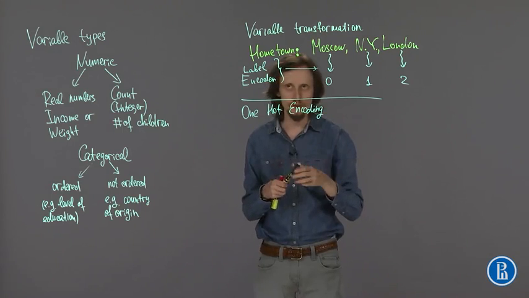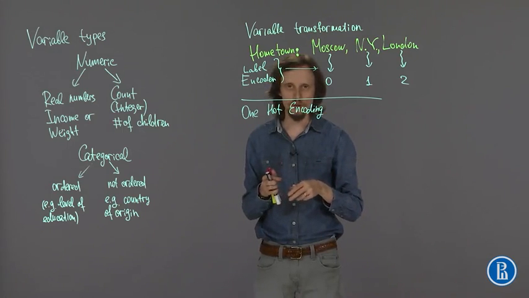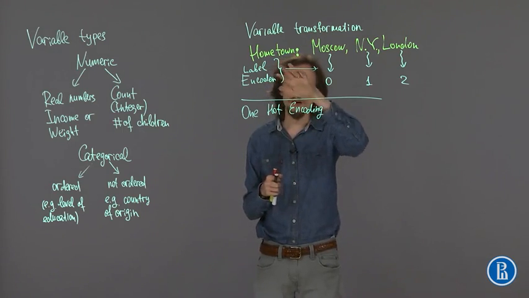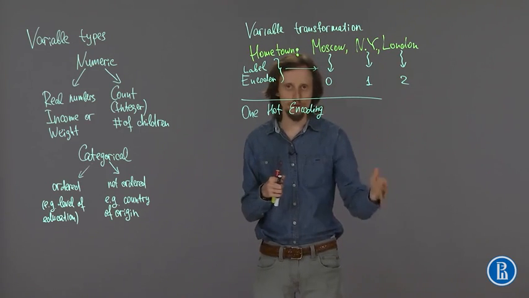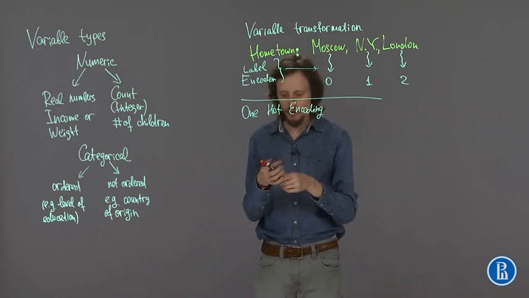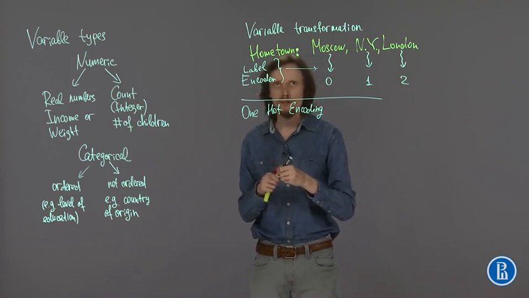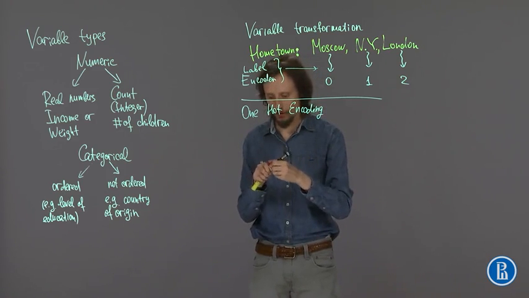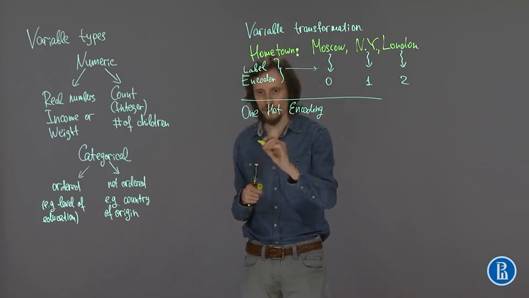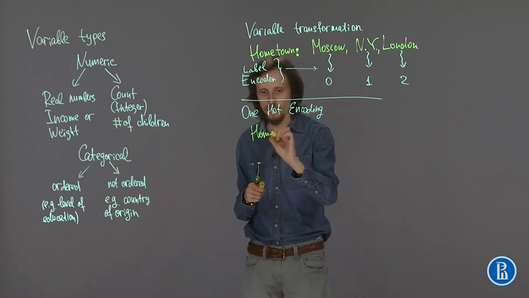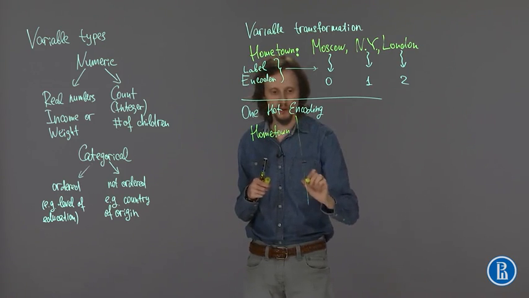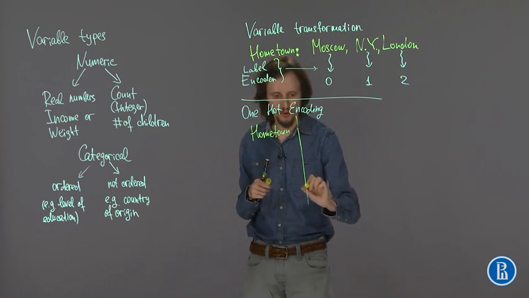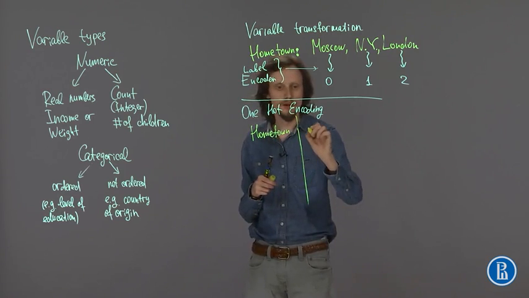In one-hot encoding, we associate with our categorical variable, like hometown, several numerical variables, like this. Assume that we have variable hometown, and we introduce new variables.